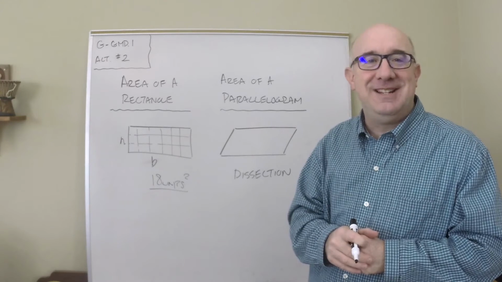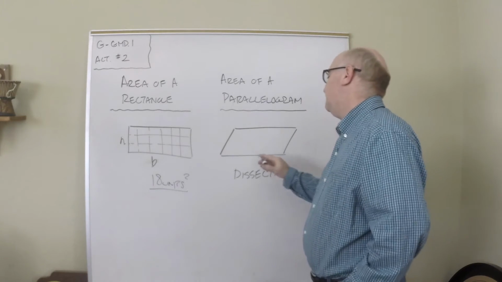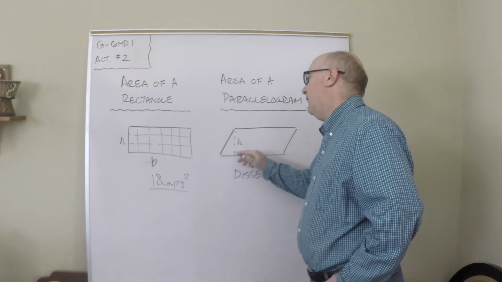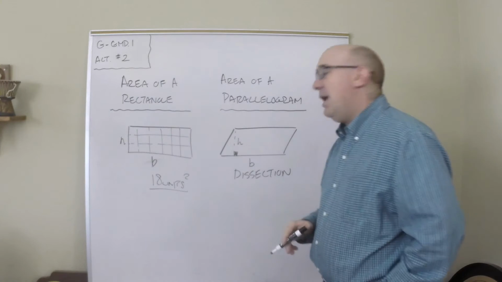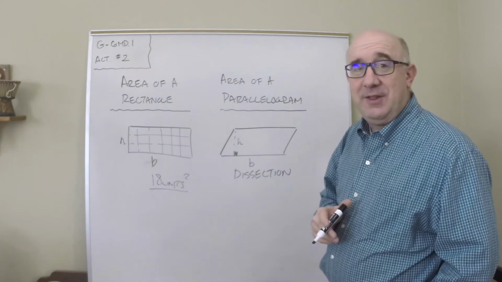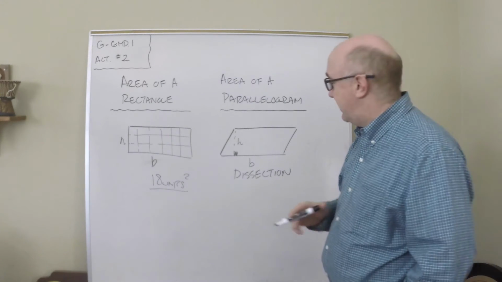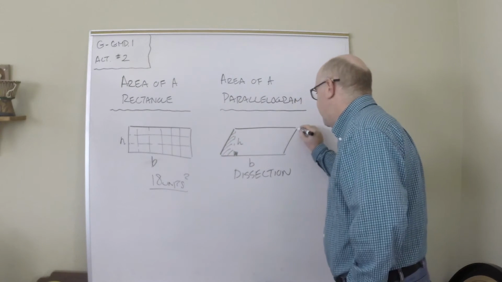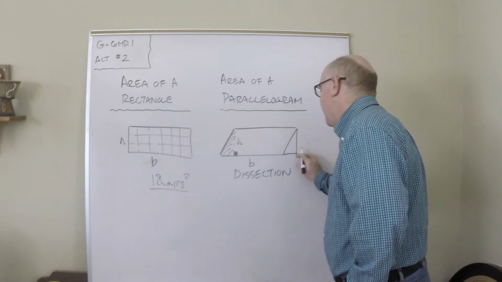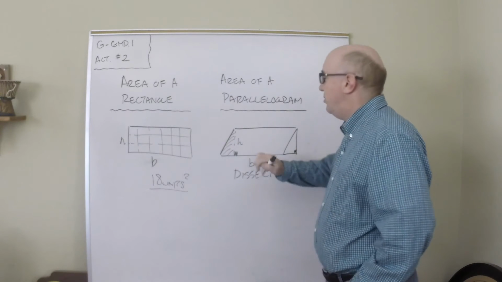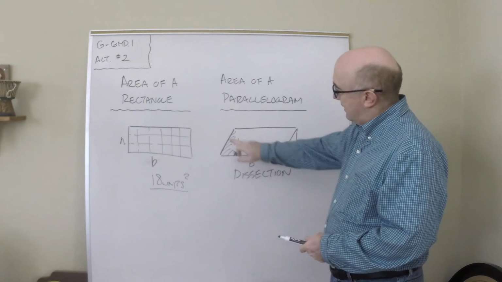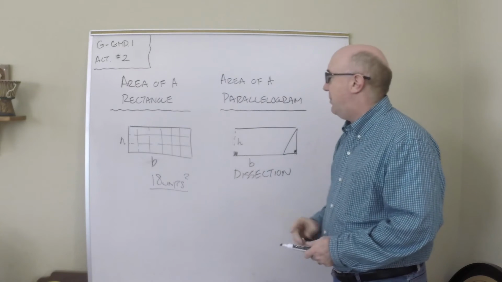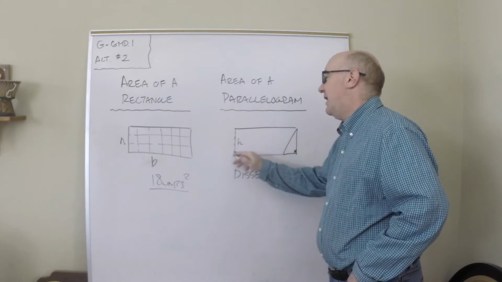And you do the same thing in geometry. So in other words, this is our base, and this is our height of our parallelogram. And you can kind of see, even by the way I've drawn that, a very nice way to dissect this is that if I took this region here, it would fill this region exactly. And it would form a new shape, which would be a rectangle.